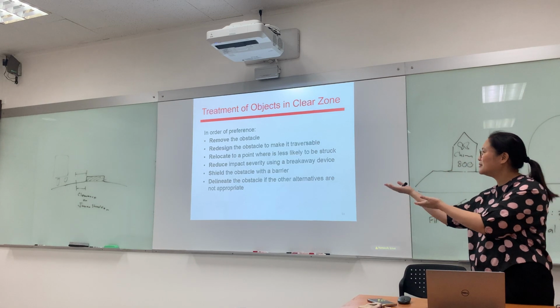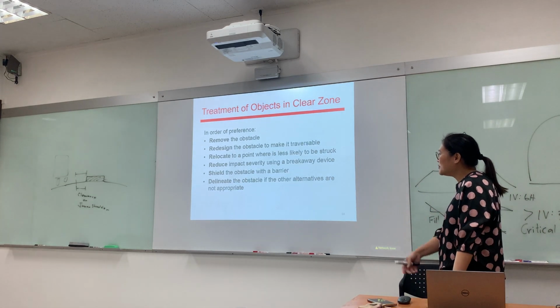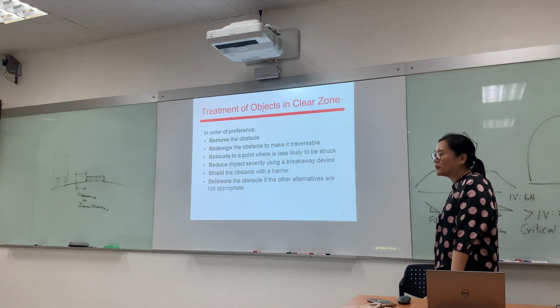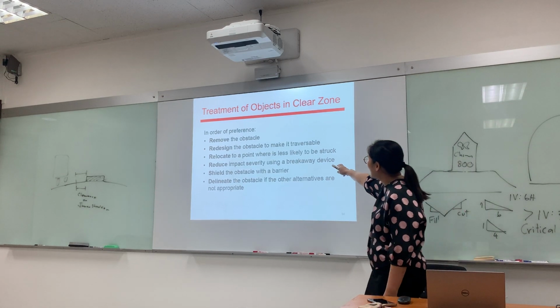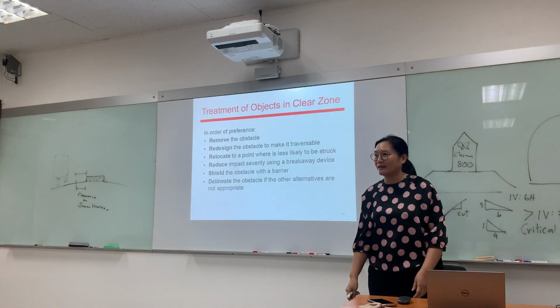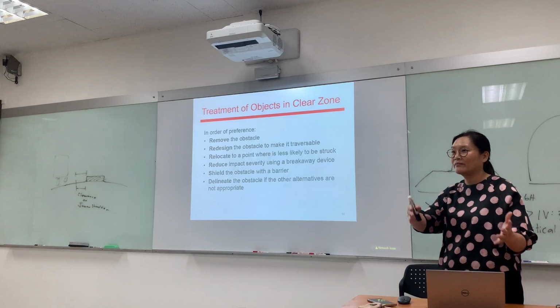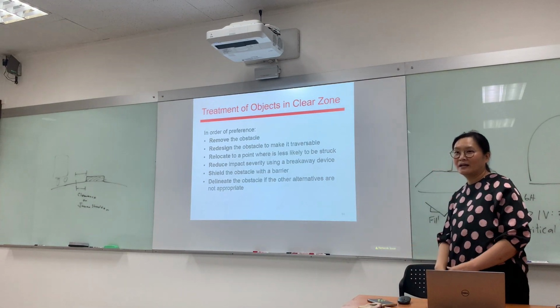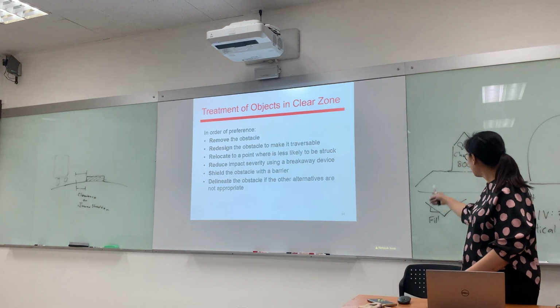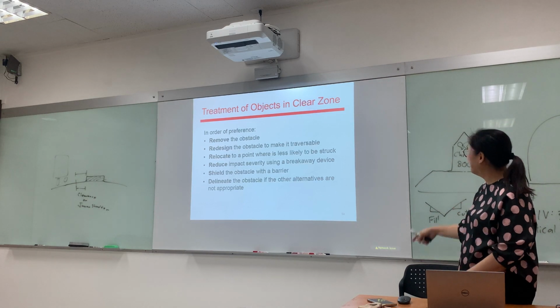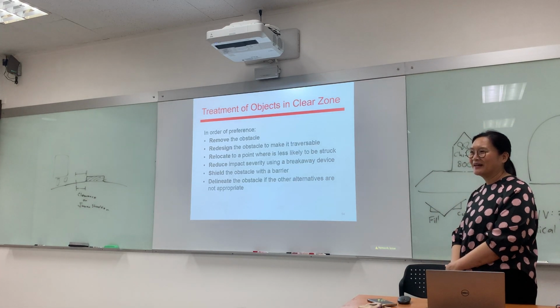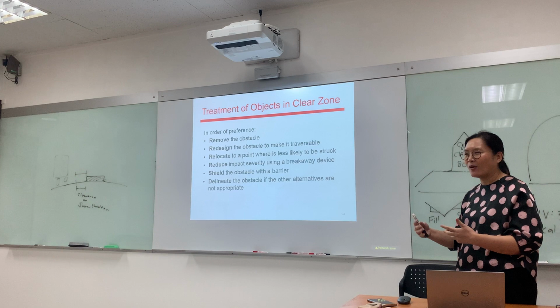But since you see you cannot do it, what should we do? Next, maybe the third one first: you might relocate or move it to another location. If it is a pole, move it. It's difficult to move, but sometimes if it's a light pole, maybe you can move it.